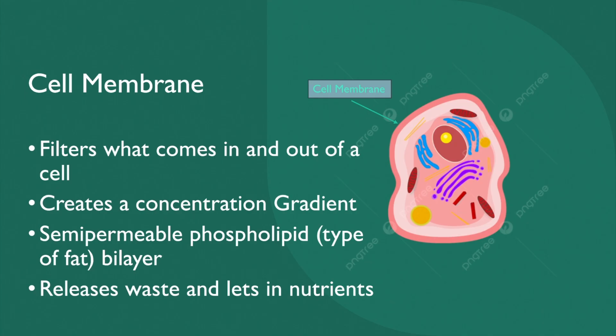Next, we have the plasma membrane, which is basically the cell's outer shield. The membrane separates the cell from its environment, also filtering what goes in and out of the cell through a concentration gradient. It's a semi-permeable lipid bilayer that lets nutrients into the cell and releases waste like carbon dioxide, lactic acid, and ammonia out of the cell.